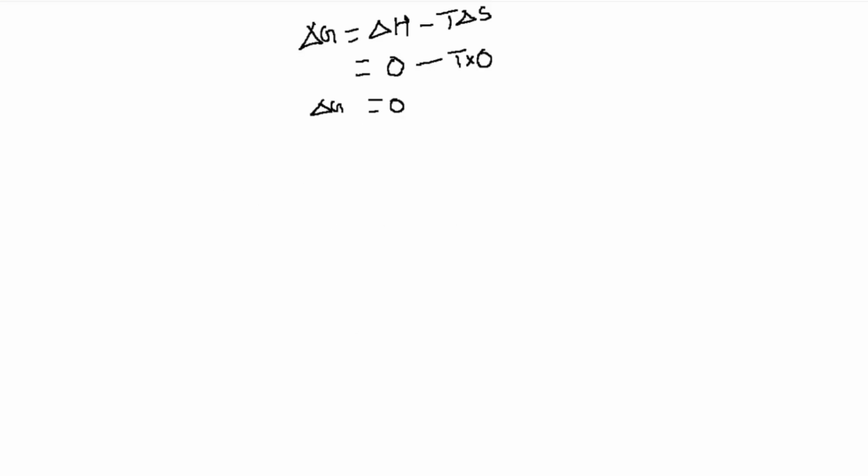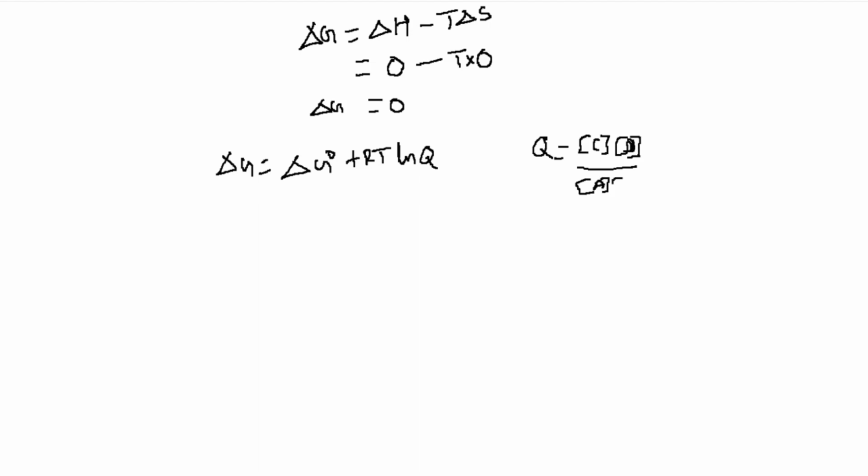However, when the reaction is not at equilibrium, the free energy change can be given by the expression delta G is equal to delta G naught plus RT ln Q, where Q is the reaction quotient, which is nothing but the ratio between the product of concentrations of products and the product of concentrations of reactants before reaching equilibrium.